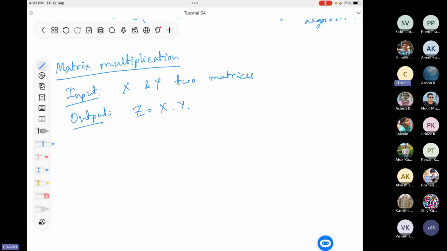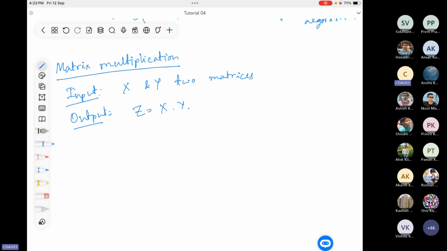If you remember, for multiplication of two matrices, the column number of the first one should be equal to the row number of the second one, right? Since we are dealing with square matrices, this situation will not come.